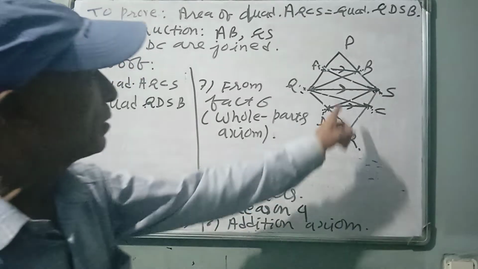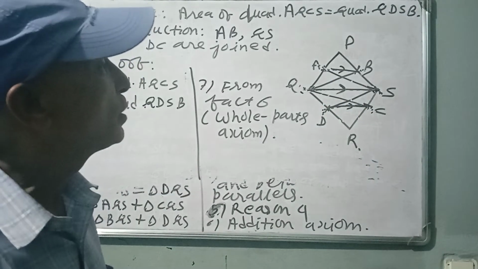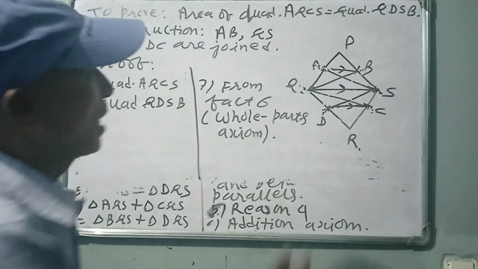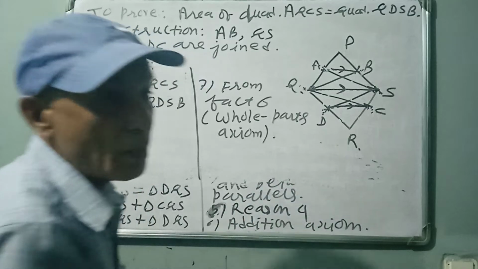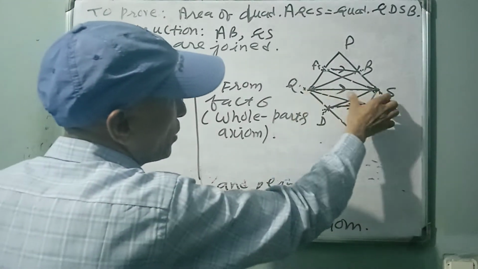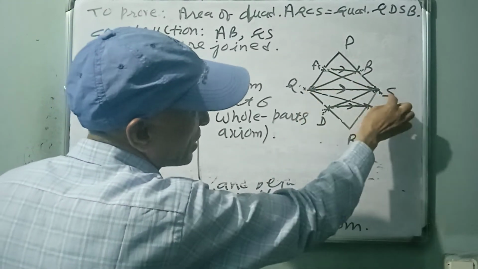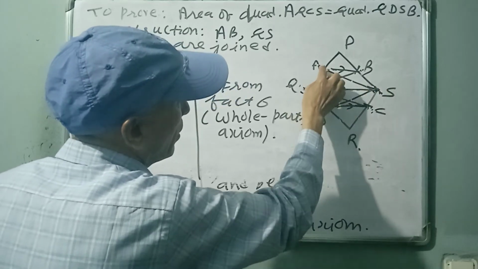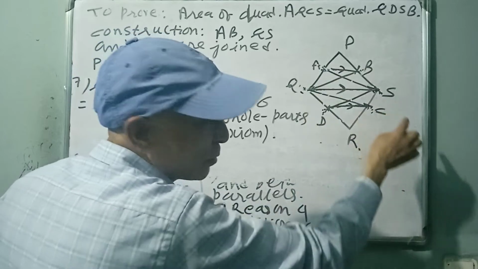The midpoint theorem is that the line joining the midpoints of two sides is parallel to the third side and half of it. That means AB, QS and DC are parallel. AB and QS are parallel, so with QS as base, triangles AQS and DQS.